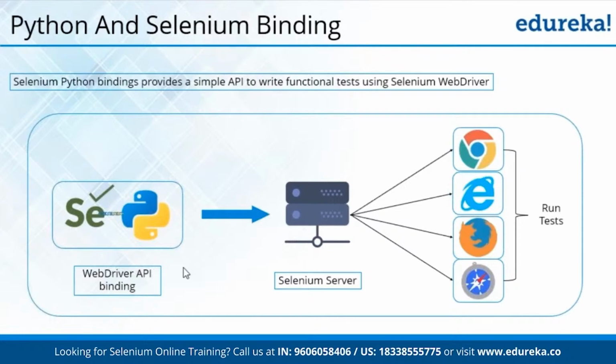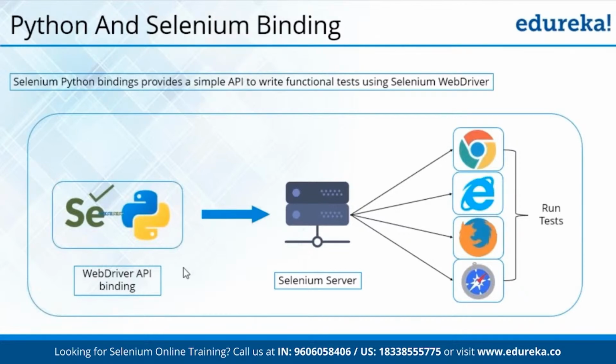Selenium Python binding provides a simple API to write functional tests using Selenium WebDriver. Now, when we talk about WebDriver, how does the architecture look? The architecture is very simple. You have Selenium WebDriver API bindings.